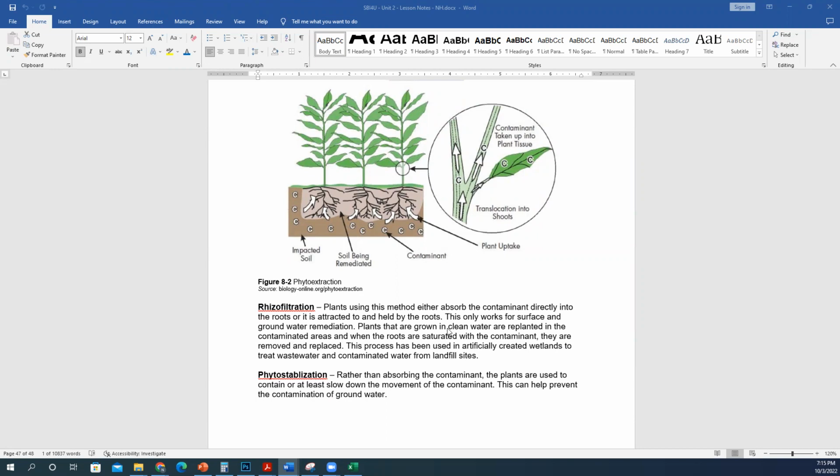And this only works for surface or groundwater remediation, and plants that are grown in clean water then get taken and are planted into the contaminated areas where the roots become saturated with the contaminants, and then they are removed and replaced with fresh plants. And this process has actually been used in artificially created wetlands to treat the wastewater and contaminated water from landfill sites. So this has been definitely used.